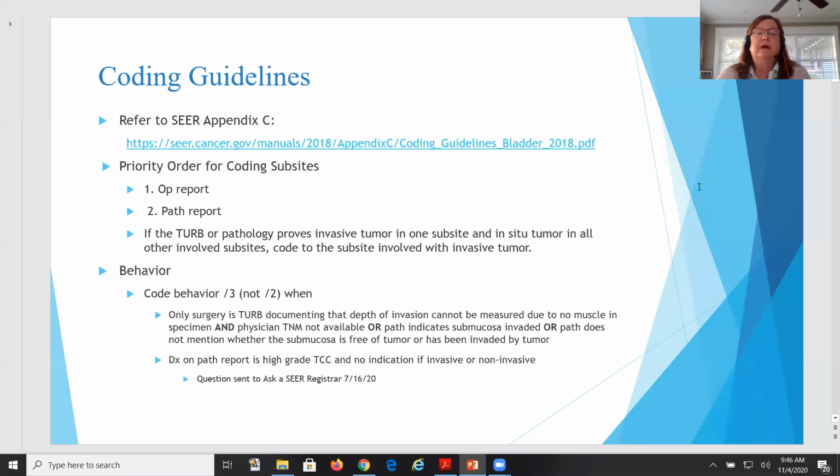Our priority order for coding subsites from the coding guidelines is first from the OP report, and secondly from the PATH report.